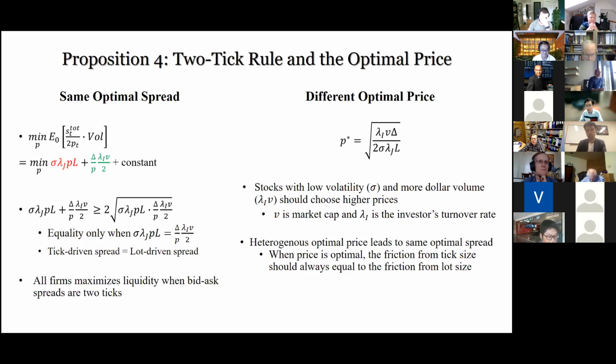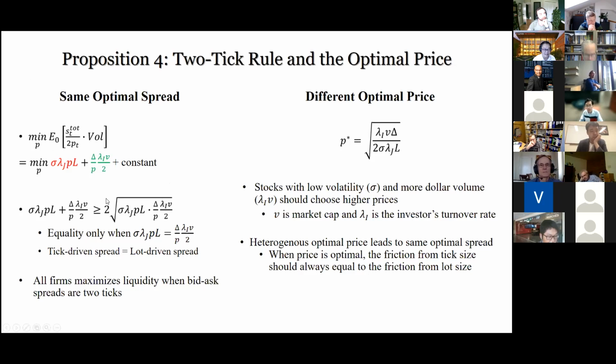I will move slowly here. So we have the same optimal bid-ask spread, but different firms achieve this optimal spread at a different optimal price. So the firm tries to minimize the expectation of transaction cost. So it has 2 parts. This part is the tick-driven part, and this is the law-driven part, plus some constant.